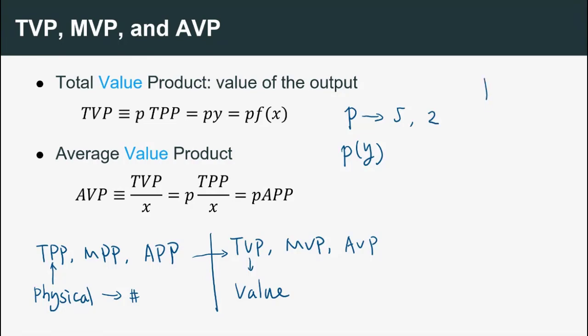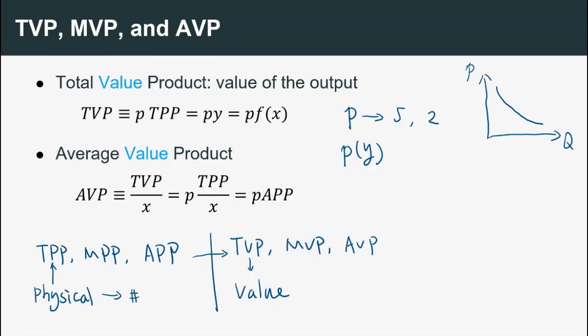If we draw the price and demand relationship, we usually have a downward sloping curve here. Let me put P here, and this is a quantity of your outputs. Then if you have a higher quantity demanded, then your price is gonna be lower. So usually there's a relationship like this.